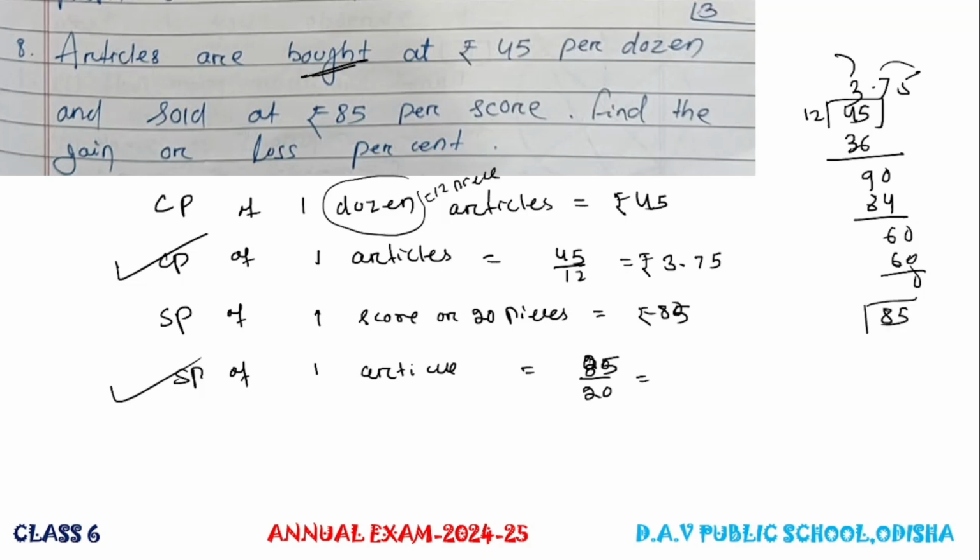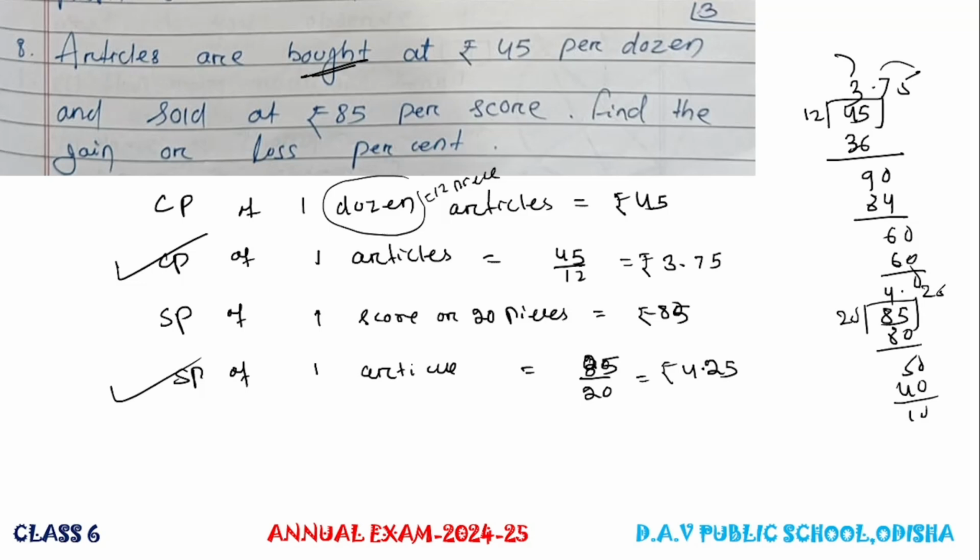So 85 divided by 20: 4 twenties are 80, 0, 5, 50, 20 twos are 40, 5. So 4 rupees 25 paisa.